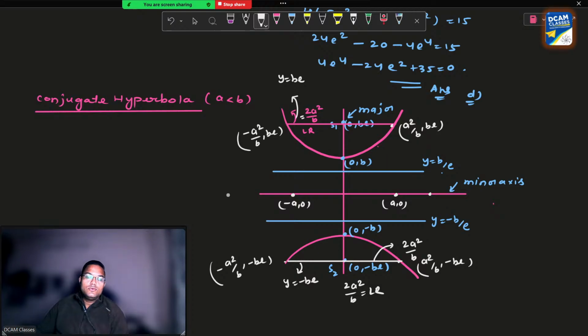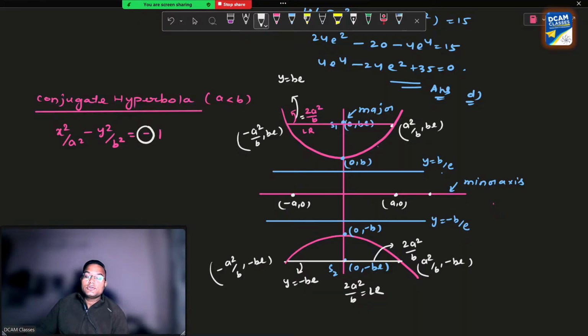Now coming to what changes, we have to be careful. The equation is again the same, x square by a square minus y square by b square is equal to minus 1. This is the important change. See this one, this minus sign. In the conjugate hyperbola, the minus sign comes.